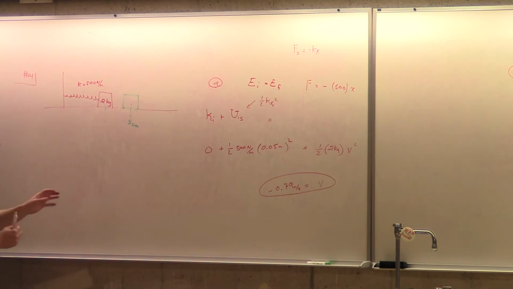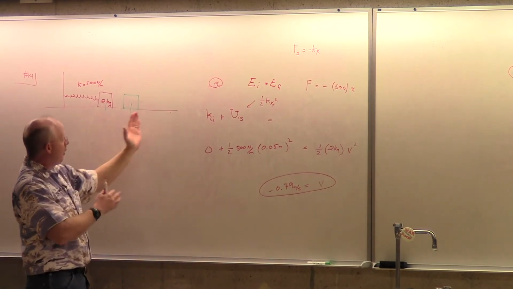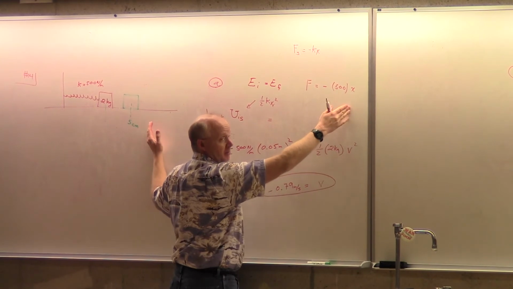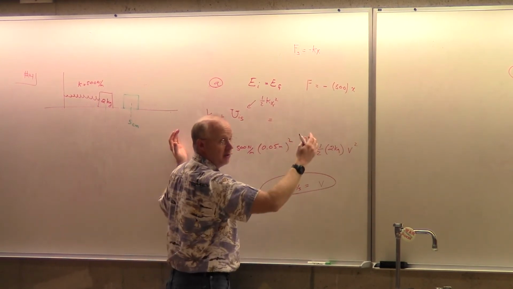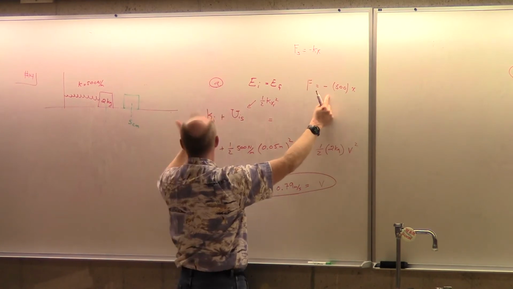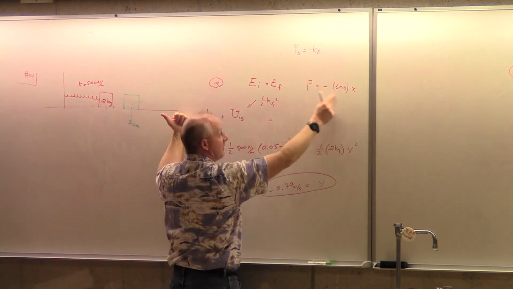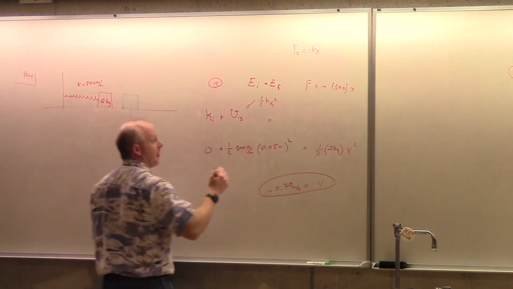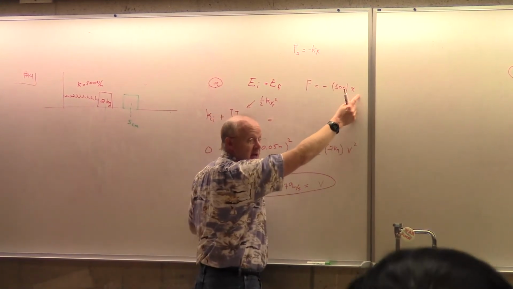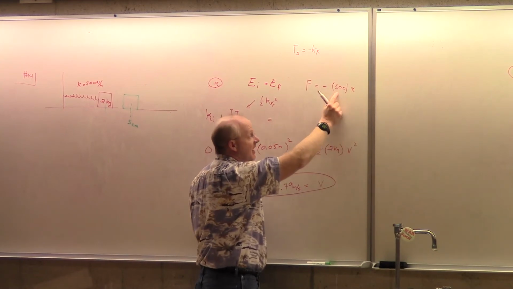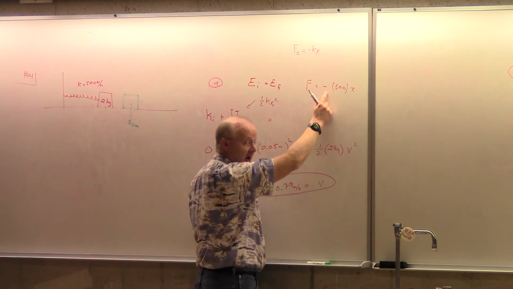So what the negative is telling me is that if I pull it over here where x is positive, let's say I pull it a whole 1 meter, I'd have 1 times 500 times the negative. That's negative 500. That means the force is that way. If I compressed the spring, then my position would be negative 1 meter, and I'd have negative 1 meter times 500 times a negative, that's a positive 500.